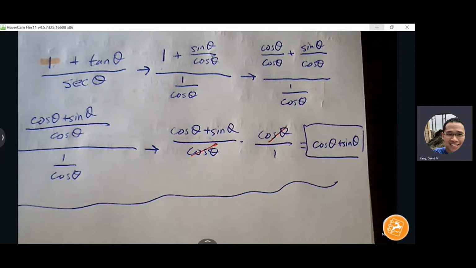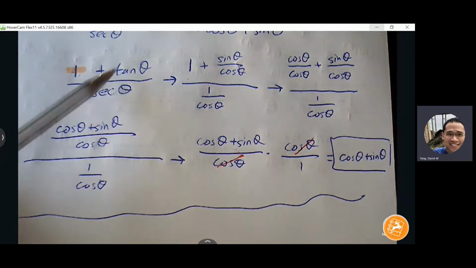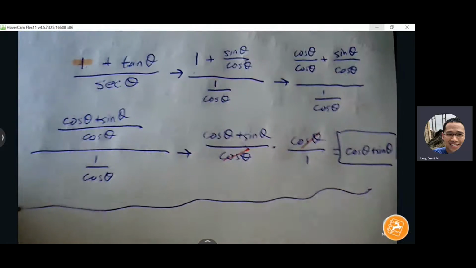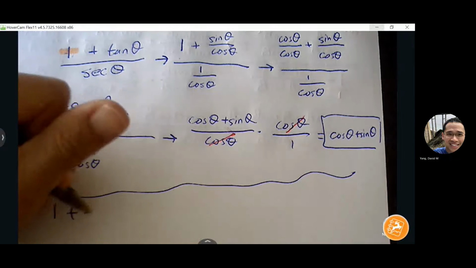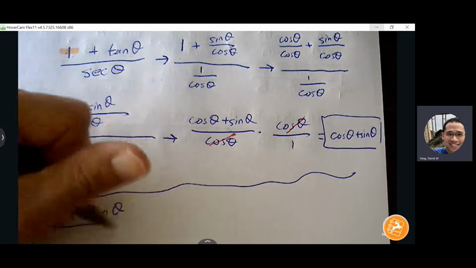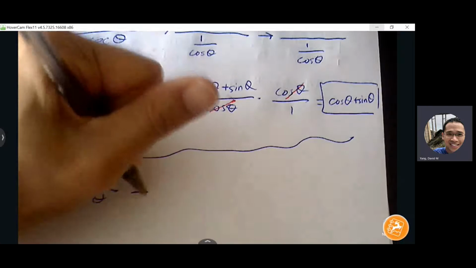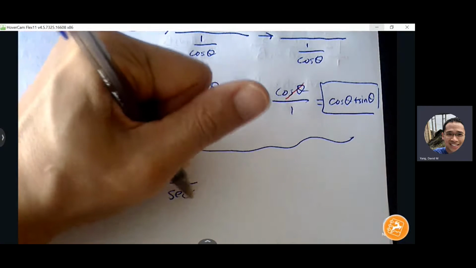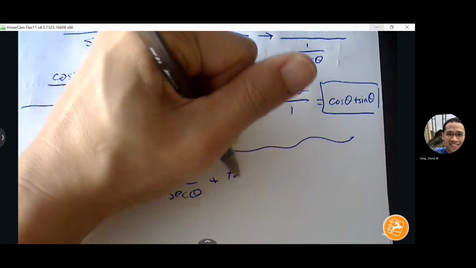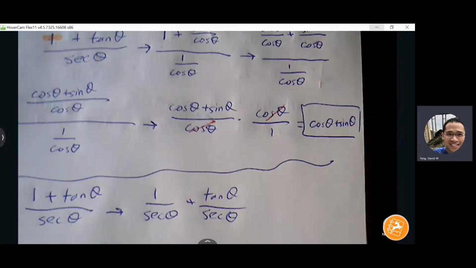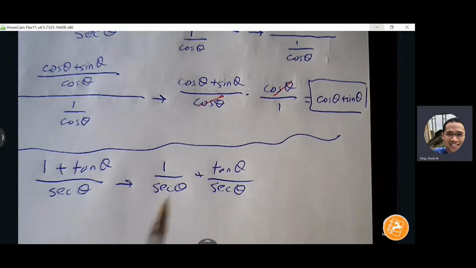Now, the other option I was thinking of was going ahead and splitting these up into individual fractions. So I just want to show that way as a possibility as well. If I split that fraction up, I can make it 1 over secant theta plus tangent over secant. The reason that I did that is because I knew that I was going to end up with 2 terms.